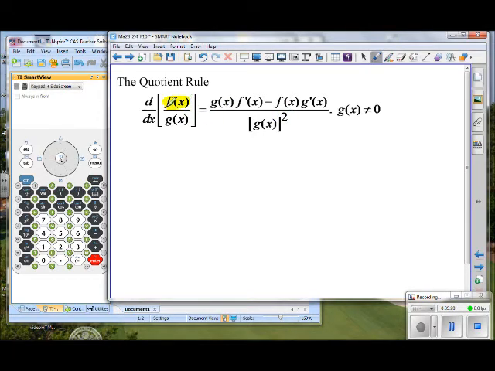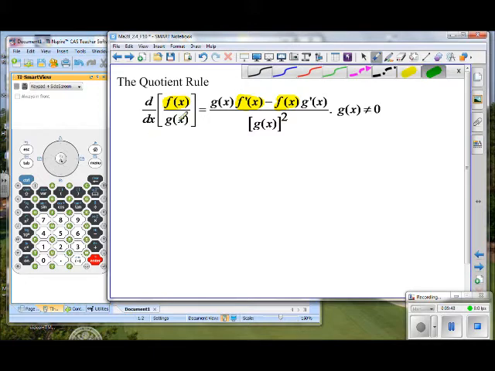Here is my numerator. And notice that in the first quantity of my derivative, I take the derivative of that numerator. I subtract, and then I multiply the function times the derivative of the denominator. So my numerator begins in the first term, I take its derivative minus, and then the other term, I just use the function itself.